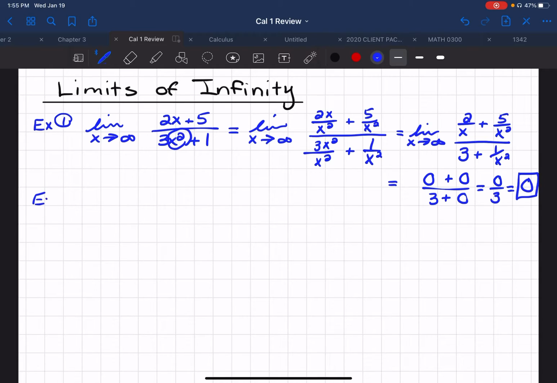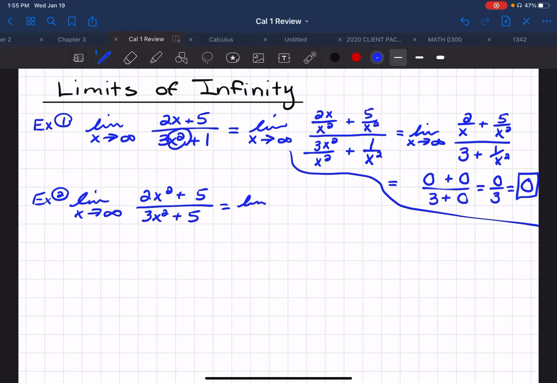The second case is if the degrees are the same on the top and the bottom. Let's say we've got 2x squared plus 5 over 3x squared plus 1. So almost exactly the same, except now I've got an x squared on top and an x squared on bottom. We're going to use the same method.